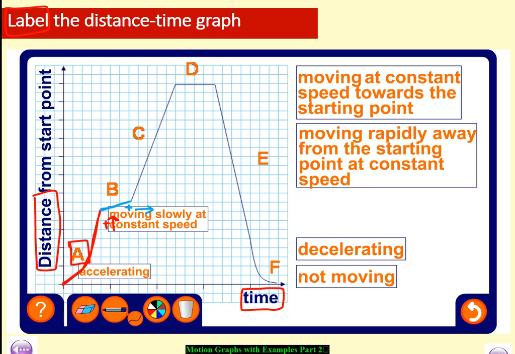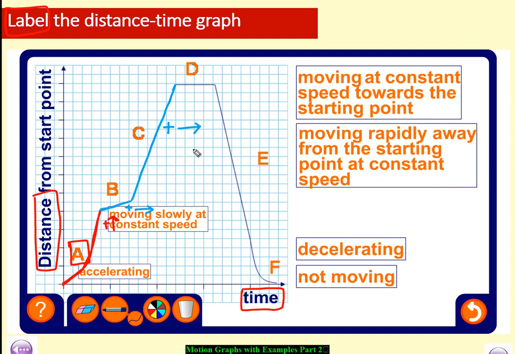Next one, as you can see, this is also a straight line. The gradient of this one is positive and the gradient is constant. It means the body is moving at constant velocity, at constant speed, and the velocity is positive.